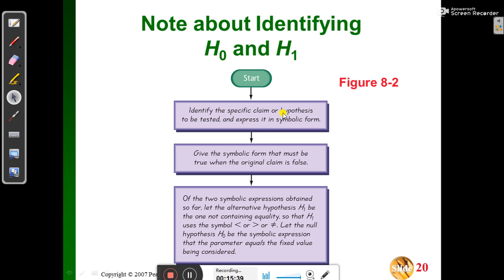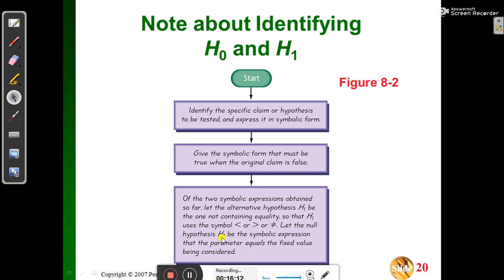Identify the specific claim or hypothesis to be tested and express it in symbolic terms. Give the symbolic form that must be true when the original claim is false. Of the two symbolic expressions obtained so far, let the alternative hypothesis H1 be the one not containing equality, so that H1 uses a symbol less than, greater than, or not equal.